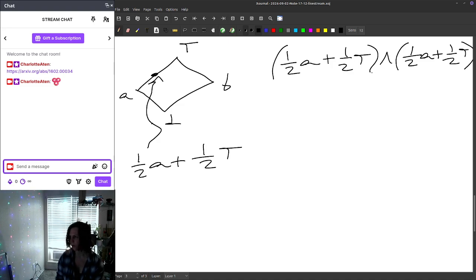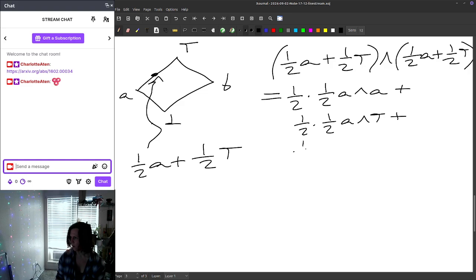In other words, I'm going to assume that this distributes over the addition the same way that multiplication would. And so it seems like perhaps this should look like 1/2 times 1/2 A meet A plus 1/2 times 1/2 A meet top plus 1/2 times 1/2 top meet A plus 1/2 times 1/2 top meet top.